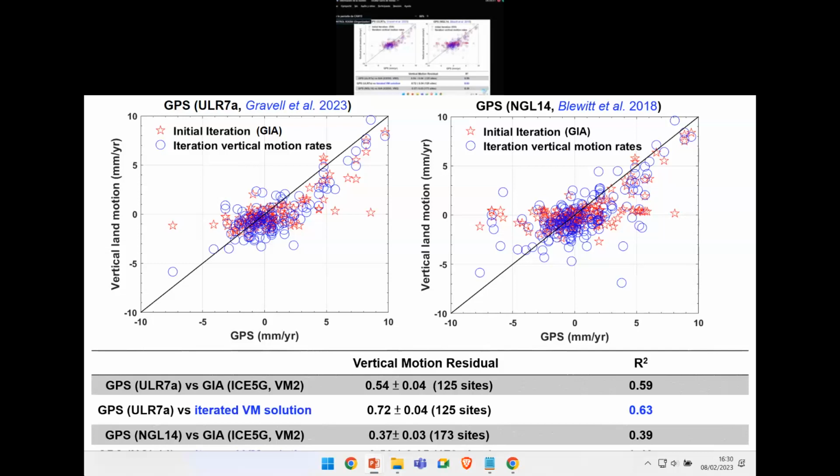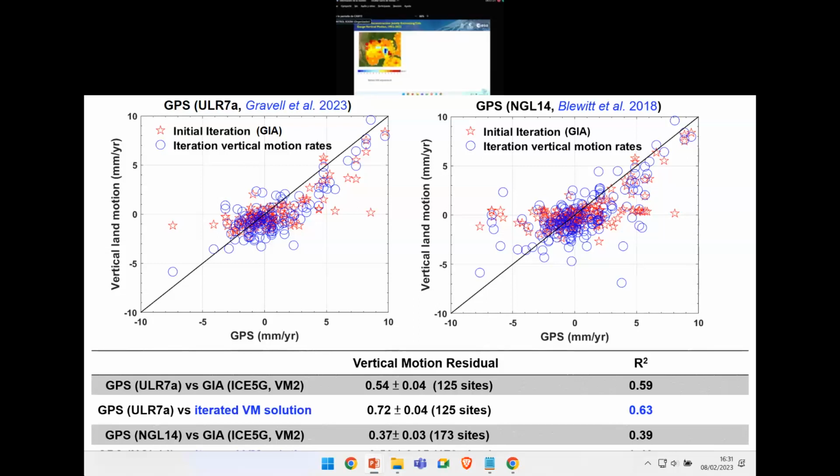So again, on the right, we just use the other set of GPS data, which are not necessarily close to the tide gauges. But if you look at the statistics over here, it doesn't quite seem to be a lot of improvement, except the correlation improved from about 0.59 to 0.63.